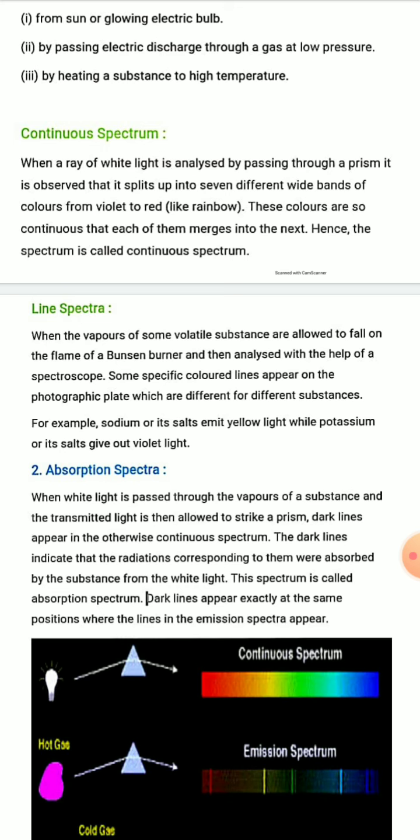Now, the second type of emission spectrum is line spectrum.